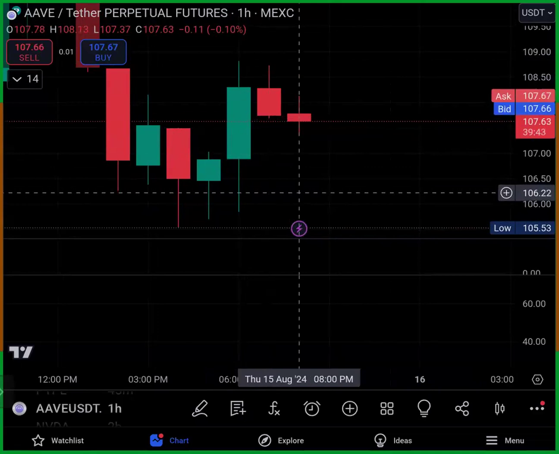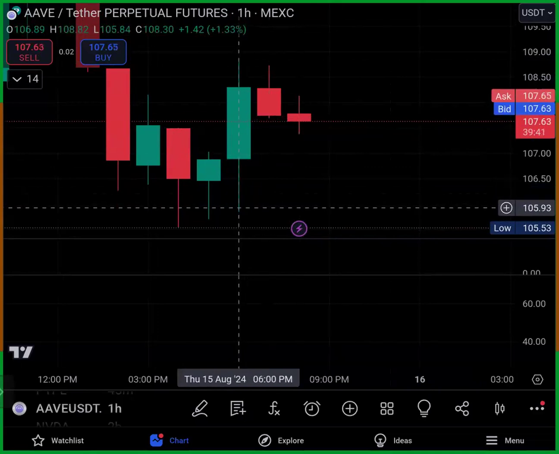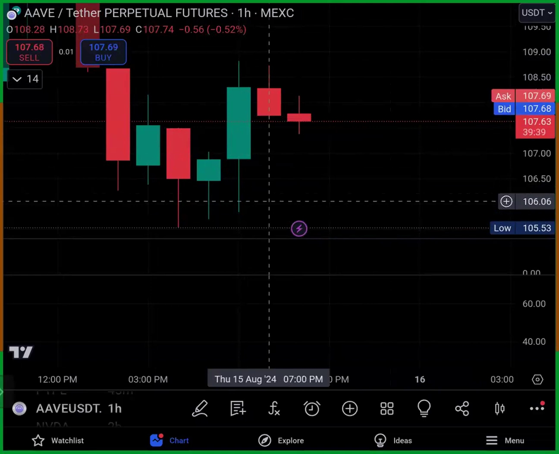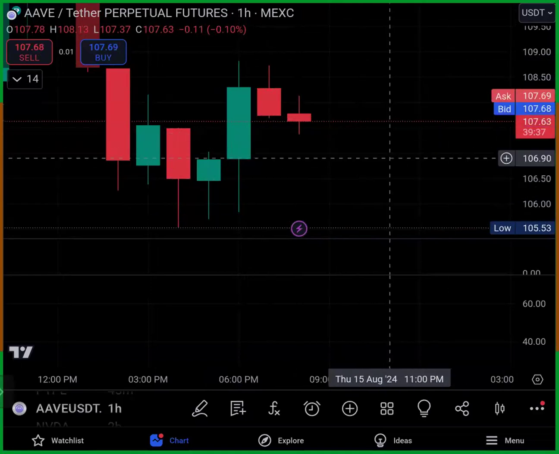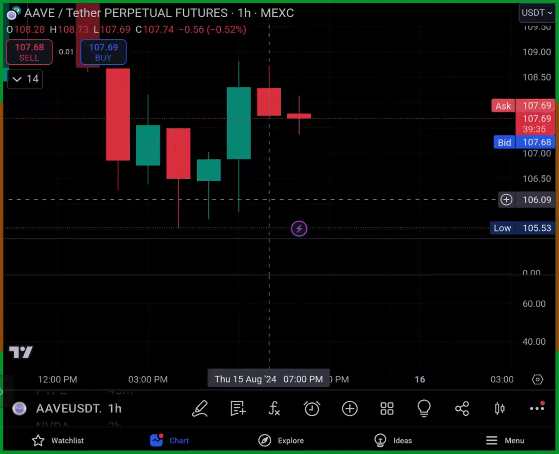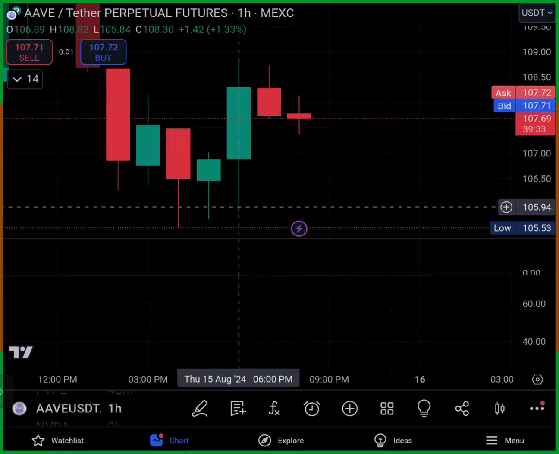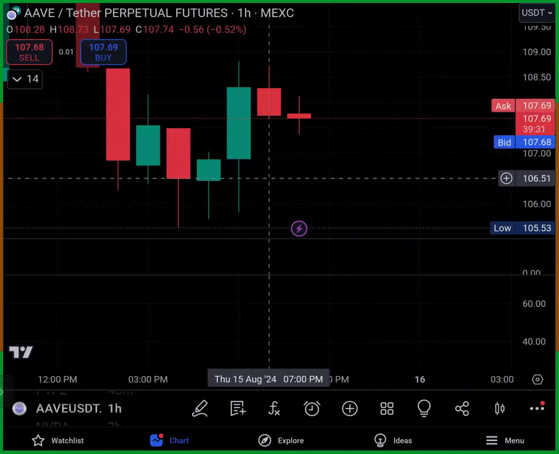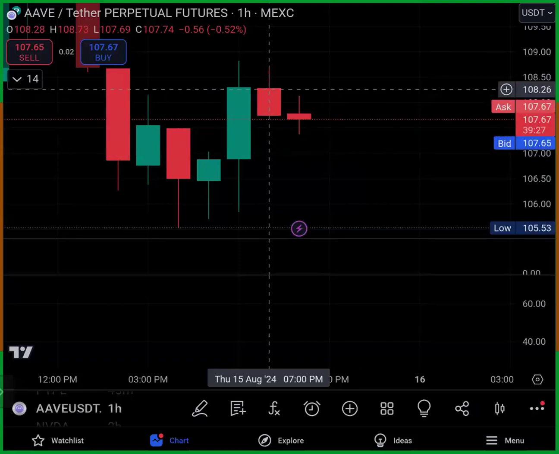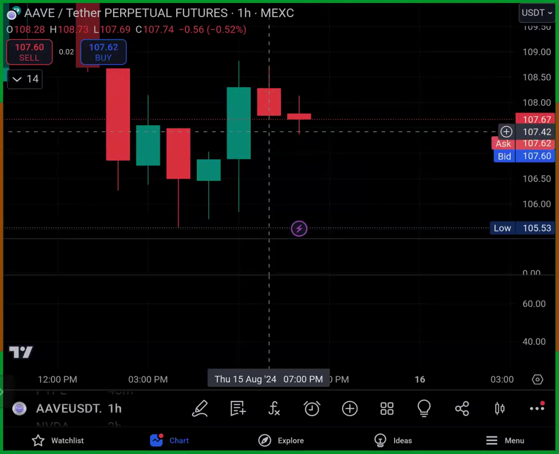Not these two red candles, but the next green candle right here. Where do you see my thing that I'm moving? Yes, right here. All right. So with green candles, they open up from the bottom and they close at the top. So that's what happened.